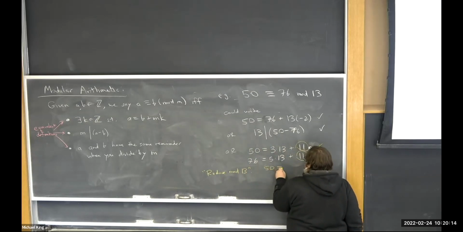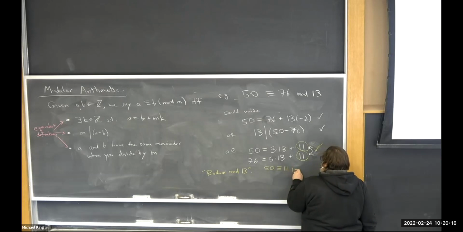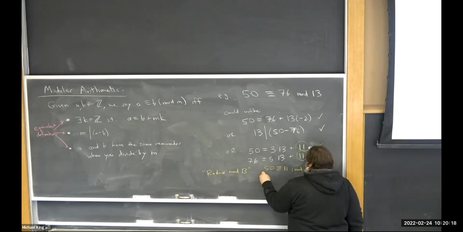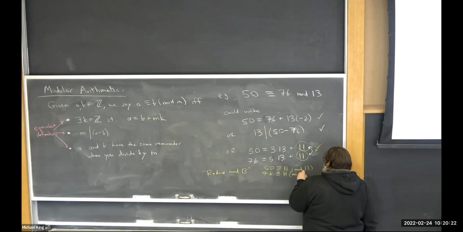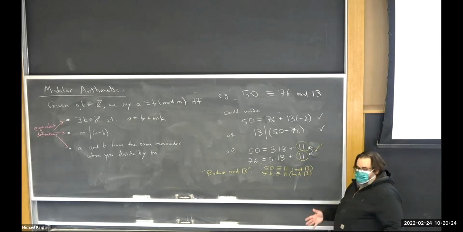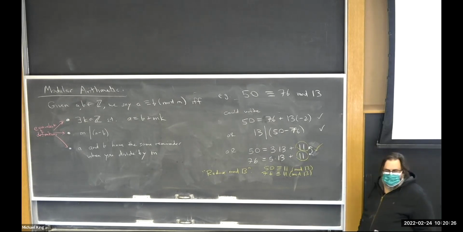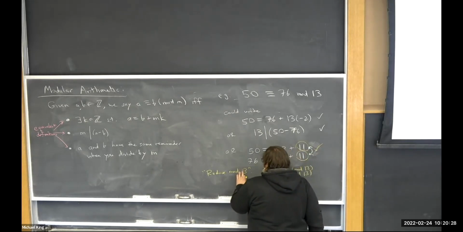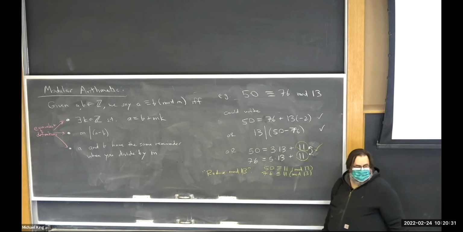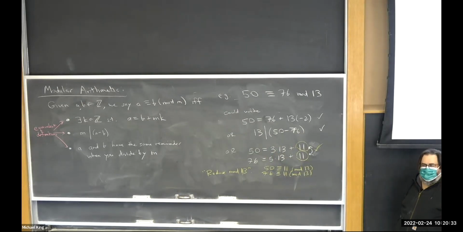50 is congruent to 11 mod 13. 76 is congruent to 11 mod 13. To reduce is to reduce it to a number between 0 and 12, because those are the possible remainders when you divide by 13. Though I also said a lot of times it's better to take the smallest number.